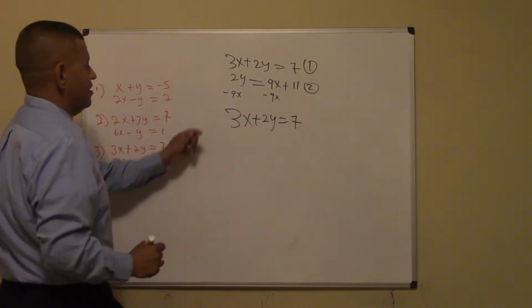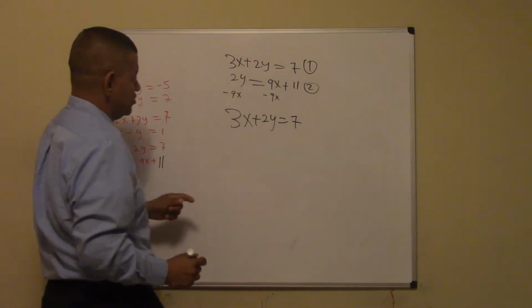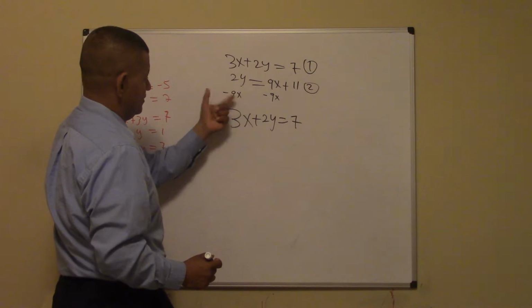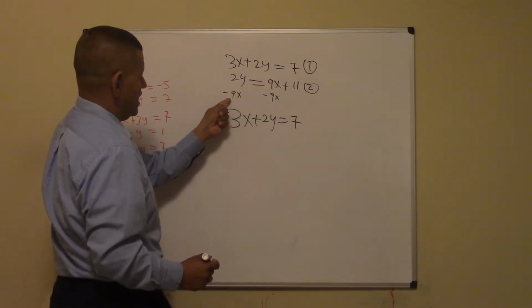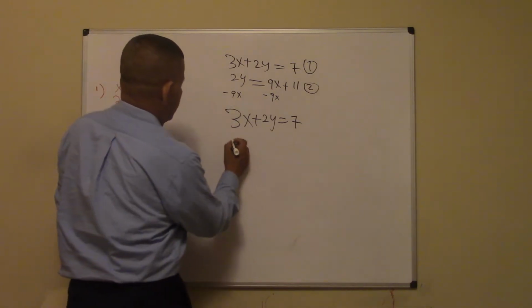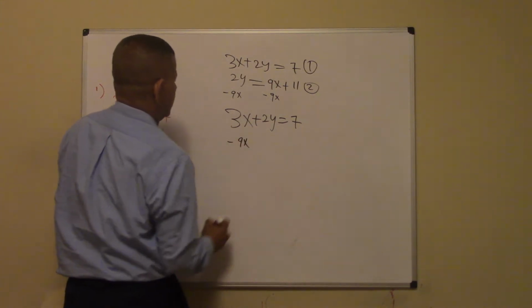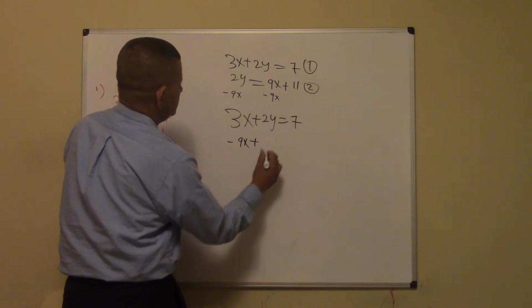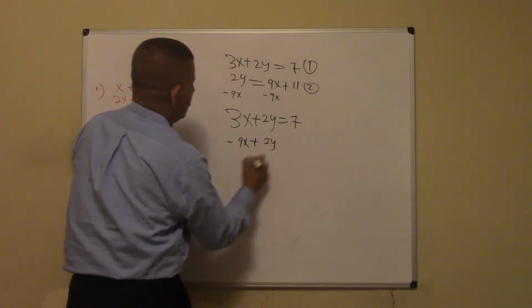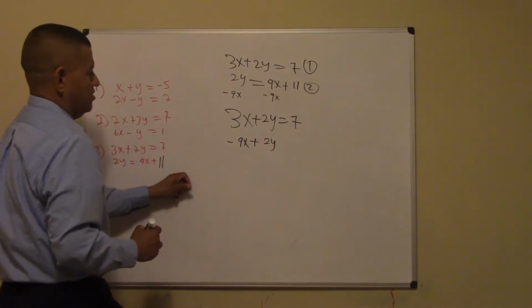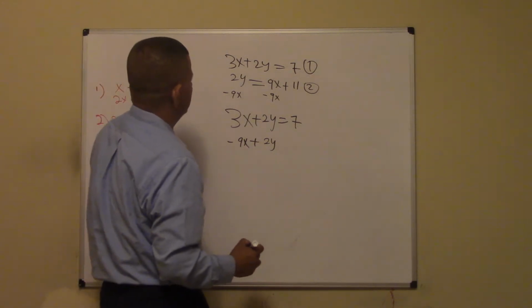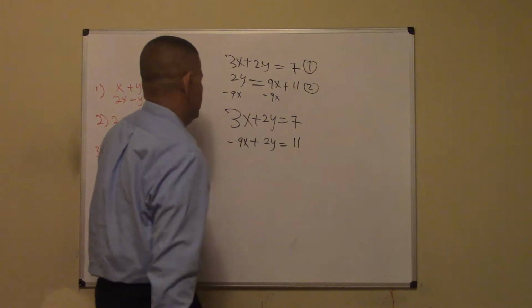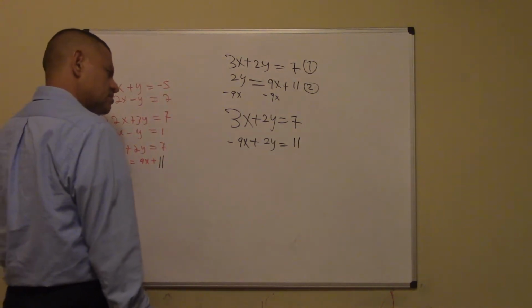Now, equation number 2: this 9x right here, I can write it as negative 9x, plus 2y is equal to 11.